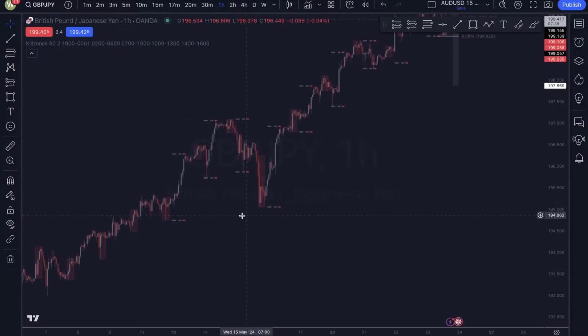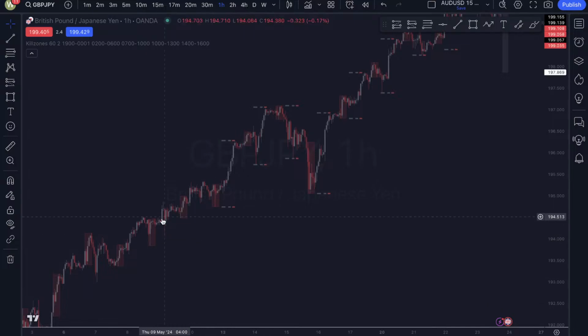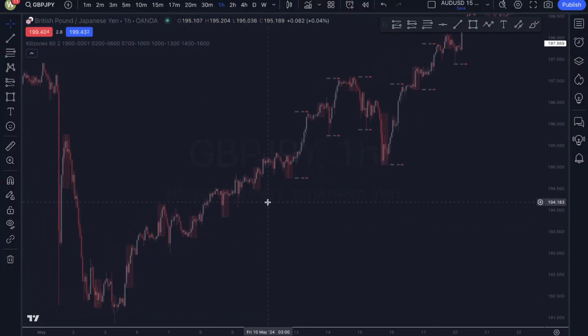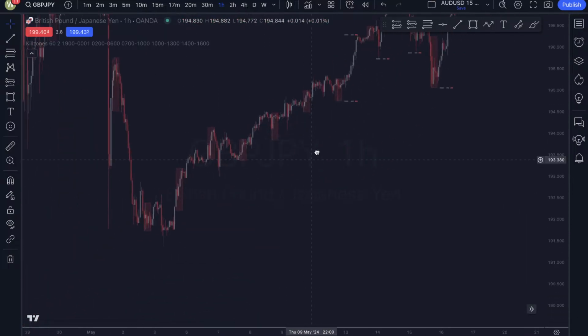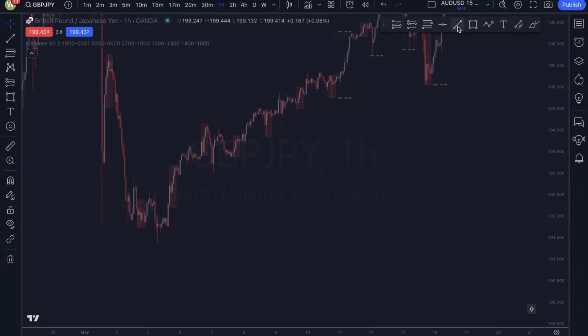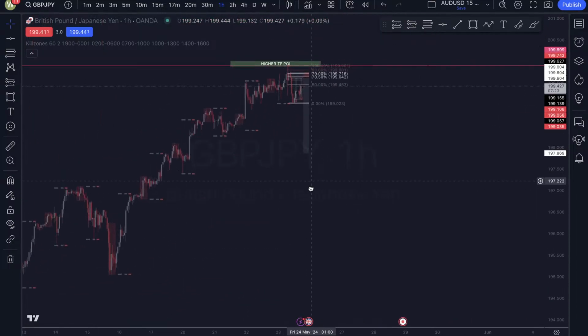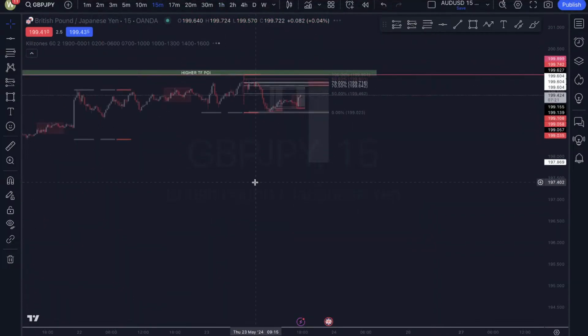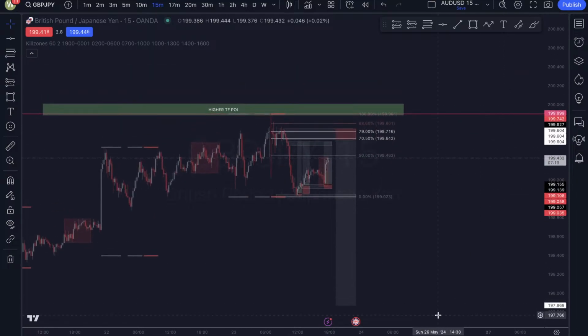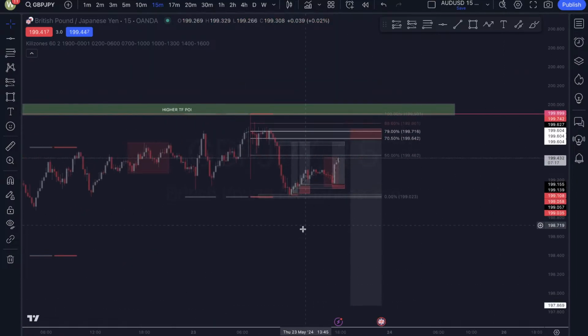There are a lot of Asian session lows at these levels that haven't been cleared yet. So there's a high probable chance that we could get down to these levels. But for now, I want to go over this little buy.